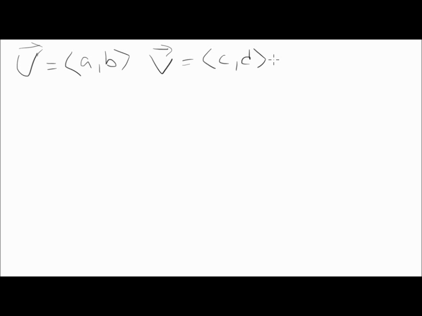So, first, let's talk about the formula for the dot product. If you just see it in your book or somewhere, it's going to say u dot v.